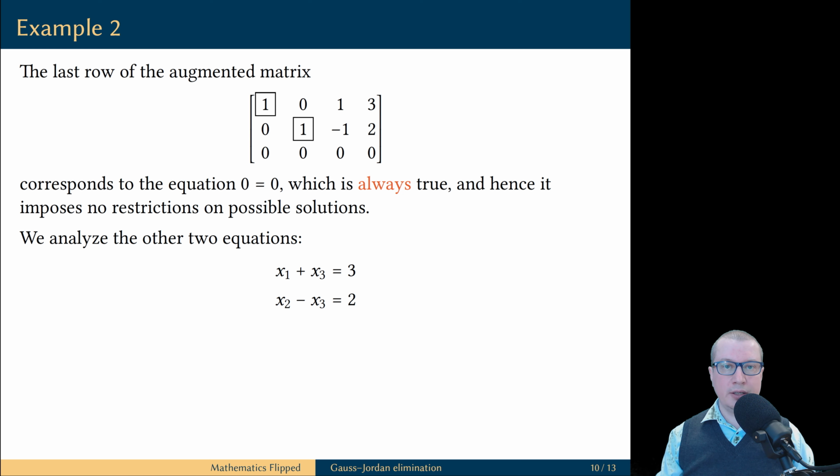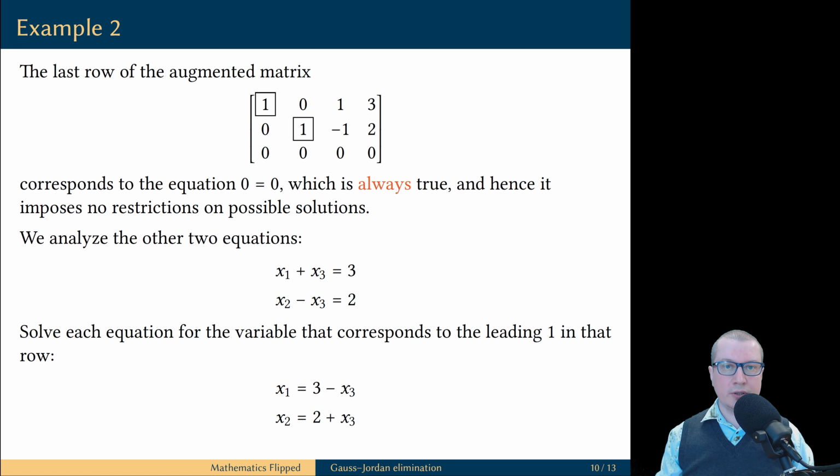Let's write the linear equations which correspond to rows 1 and 2. We are going to solve each equation for the variable that corresponds to the leading one in the equation. So we solve equation 1 for the variable x1 and equation 2 for the variable x2.